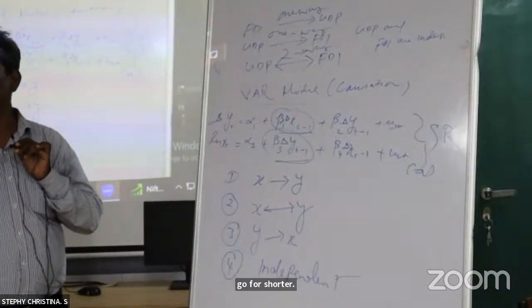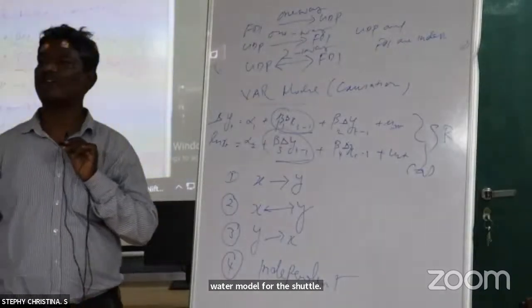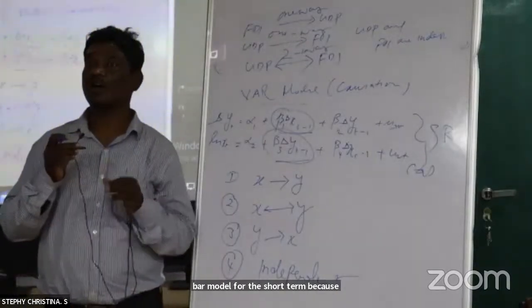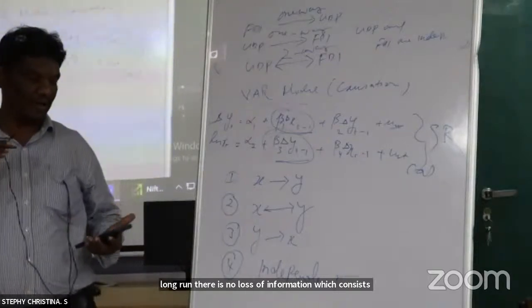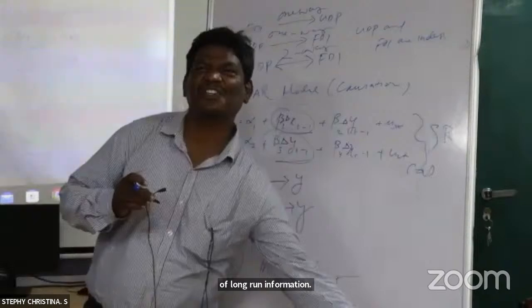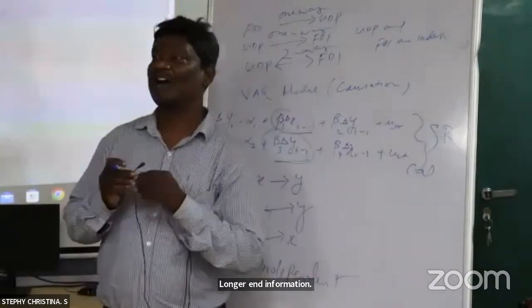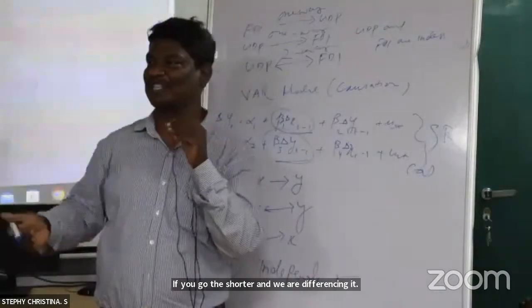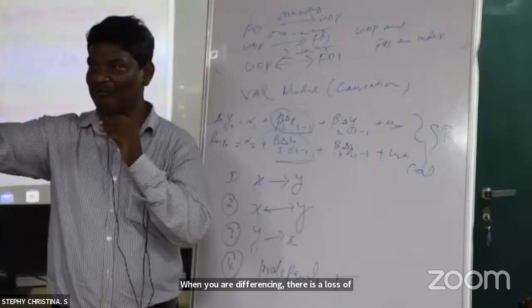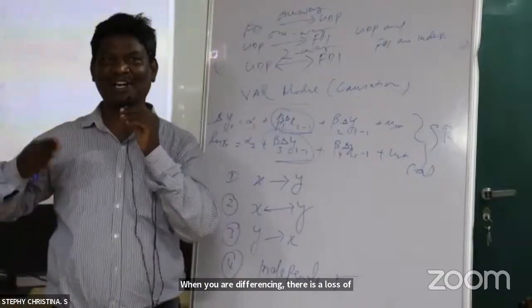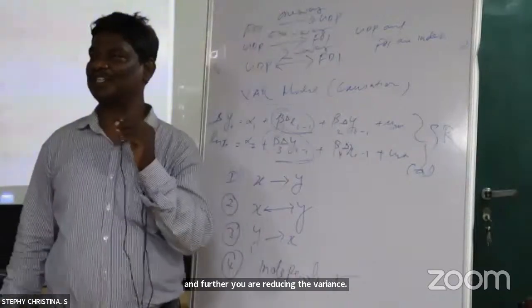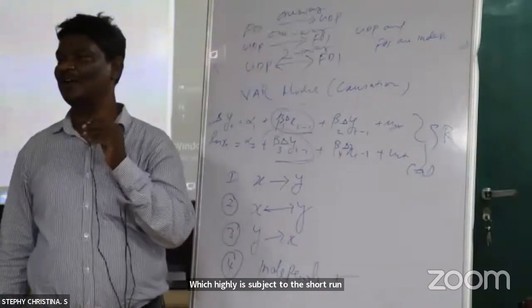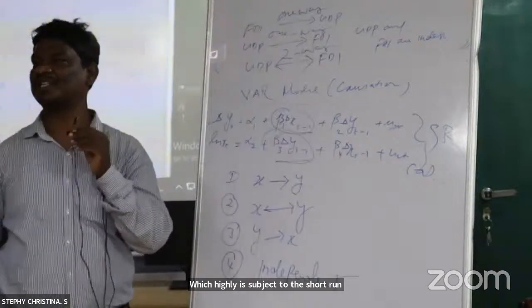VAR model for the short run. Because in the long run there is no loss of information; it consists of long run information. If you go for the short run, we are differencing, and when you are differencing, there is a loss of information. The first observation will go off. And further, you are reducing the variance, so the data is highly subject to the short run, not the long run. This is the property of time series analysis.